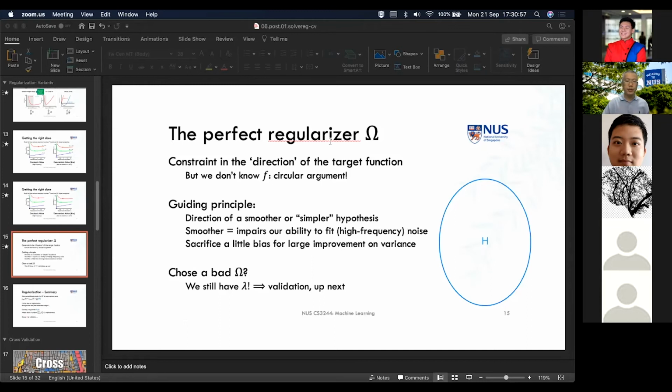But when we use a regularizer, what we're saying is that within this oval there are some solutions that are more likely than others. For example, maybe I say the ones closer to the origin, or inside the middle, are more likely, and the ones farther away are less likely.